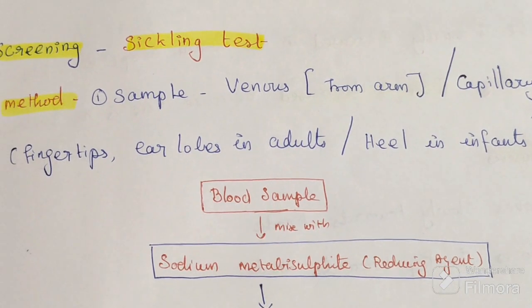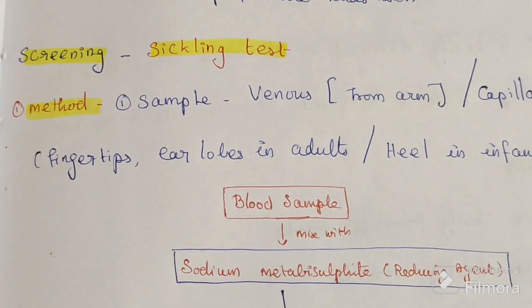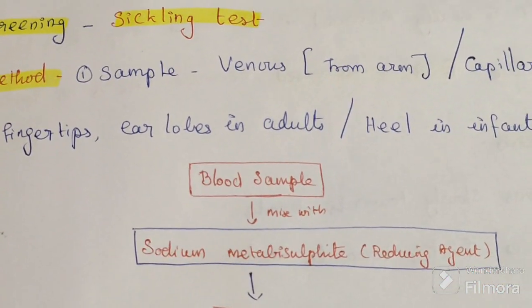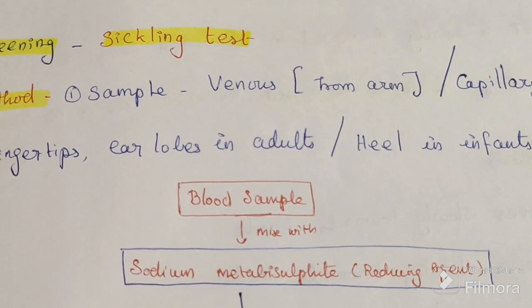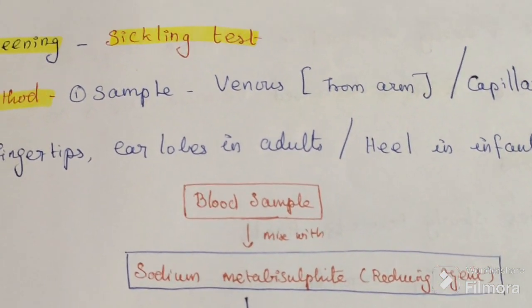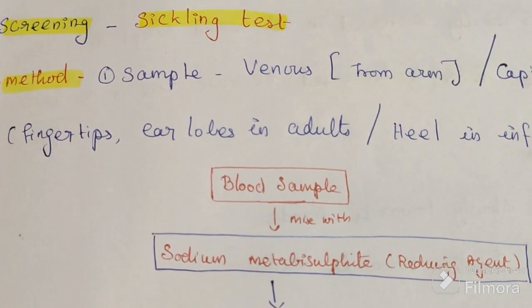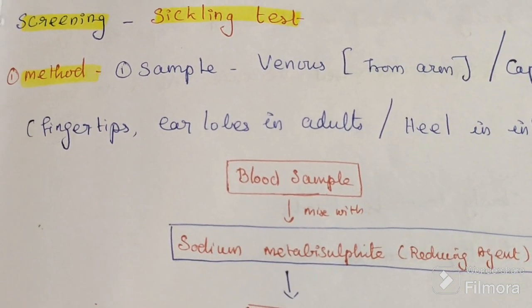So how do we do that? We take the blood sample of the patient and mix it with sodium metabisulfite. Metabisulfite is a reducing agent. When you mix the blood sample with sodium metabisulfite, it will create a deoxygenated state.